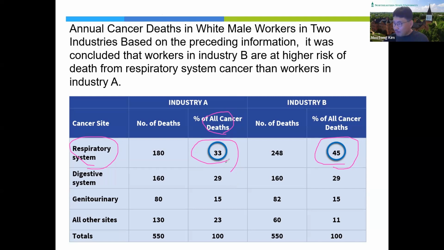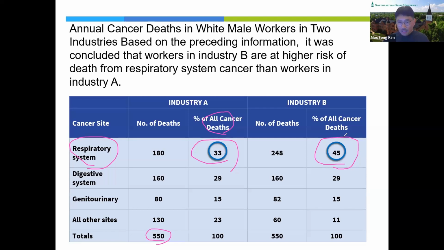This is a proportionated mortality rate. 180 over 550 is 33. 248 over 550 is 45.